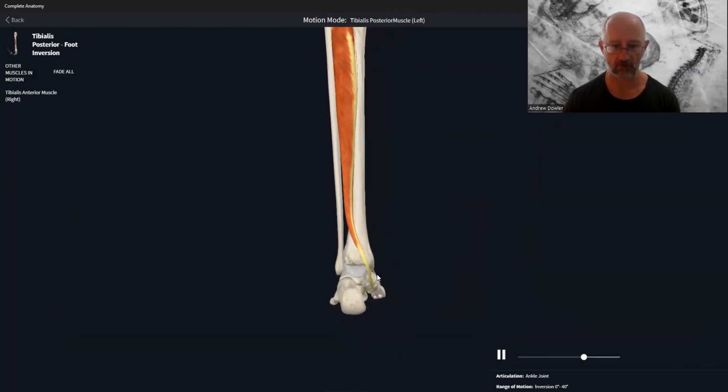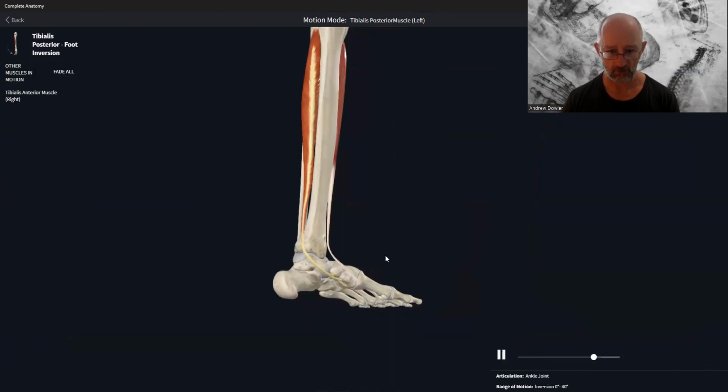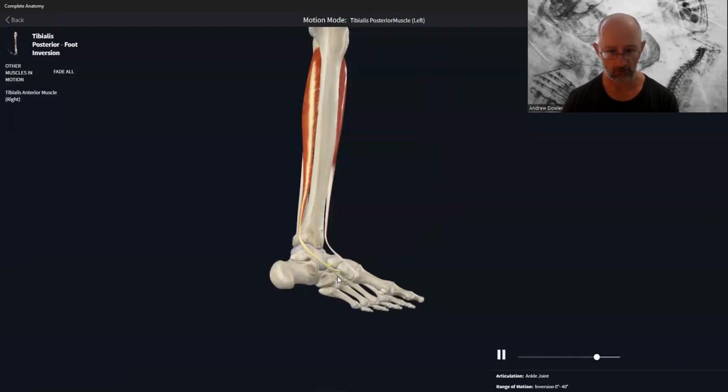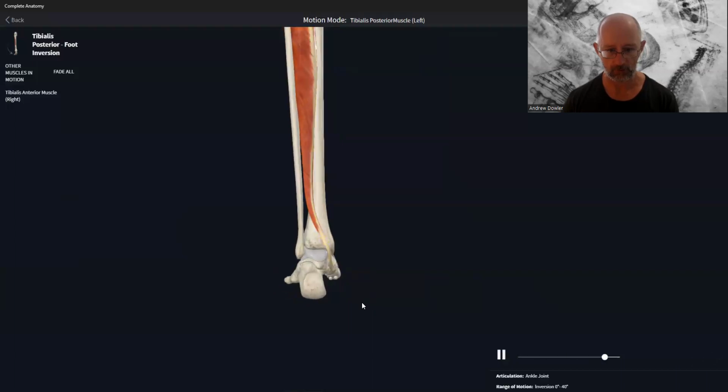When it contracts, it turns orange. That means the muscle is contracting and pulling on the tendon. Anywhere the tendon attaches to the bone, it's going to pull on the bone and make the joint move. The first thing we notice here is this talus and calcaneal roll that I was talking about. This is the inversion roll where we actually create a gap here.